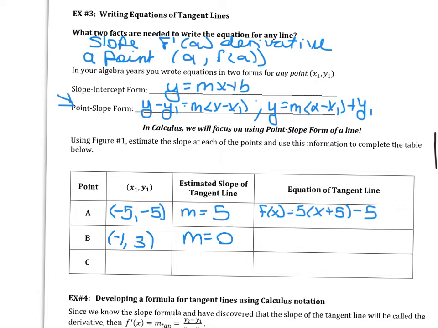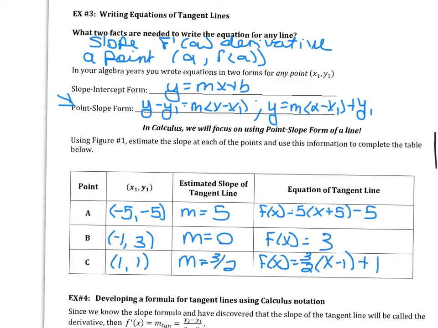And so that would give our function f of x equal to 3. All right, for our C point, apparently it went through the point 1, 1. The slope was around 3/2. And that would give our function 3/2 times x minus 1 plus 1.